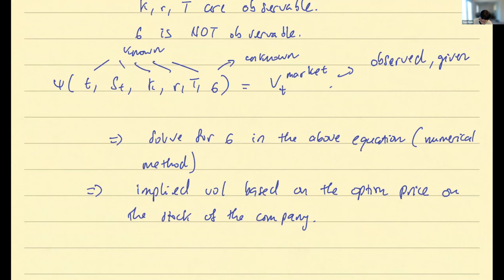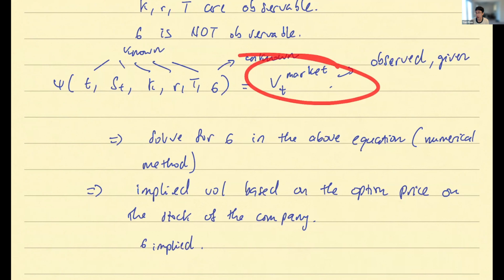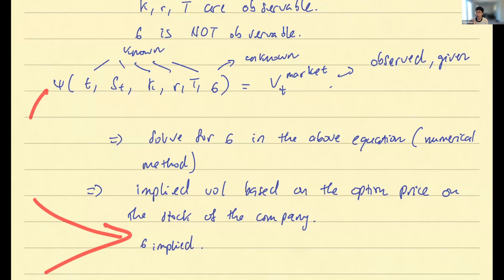And that implied sigma is a very routine calculation that people always do whenever they look at the option price of the company. From the implied volatility, there are many other things people do. For example, they will price further options based on the implied volatility or on the implied surface.